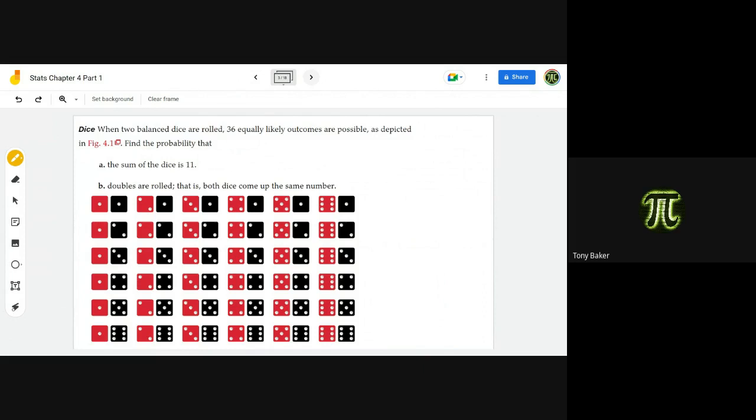All right. So how many total outcomes are on the screen? 36. So all of my probability will be done out of 36. What is the probability that the sum of the dice is 11?